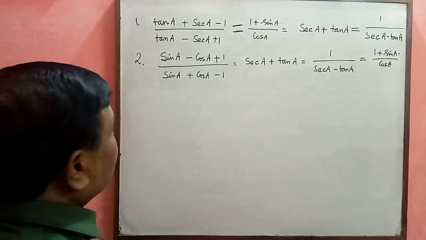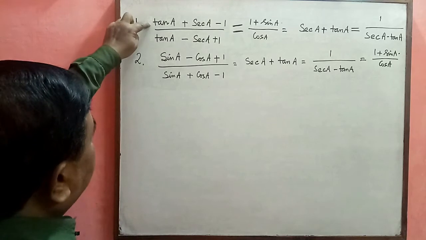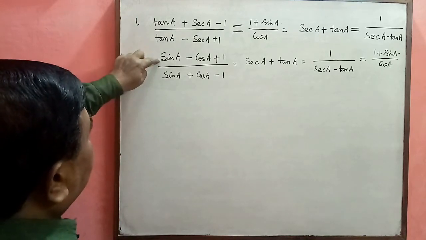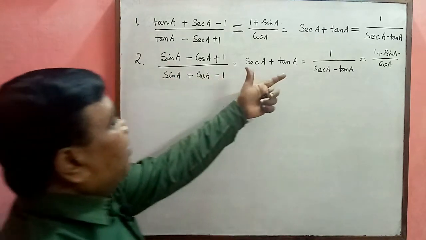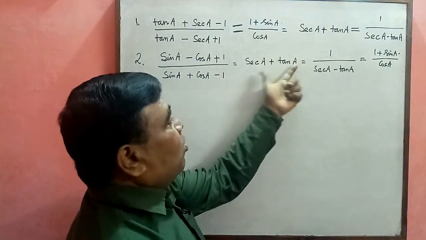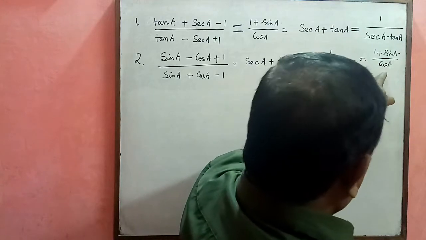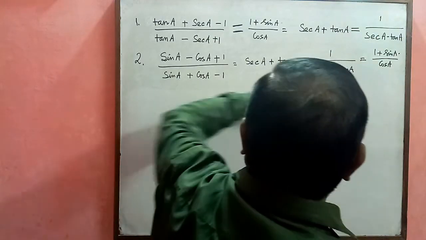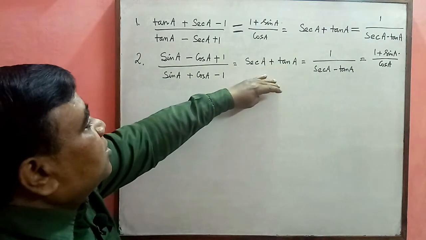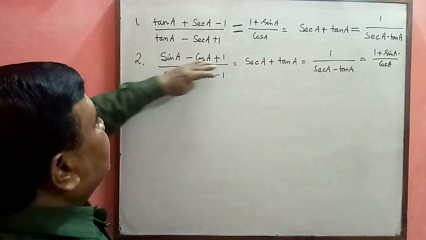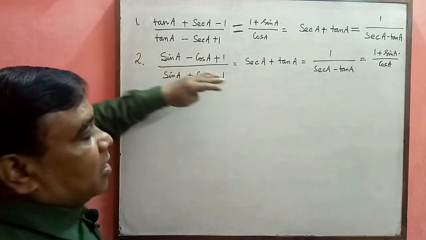How? This is tan A, this is sin A. Whenever you have sec A plus tan A or 1 upon sec A minus tan A or 1 plus sin A upon cos A, to prove this, you first change this into tan and sec. How?